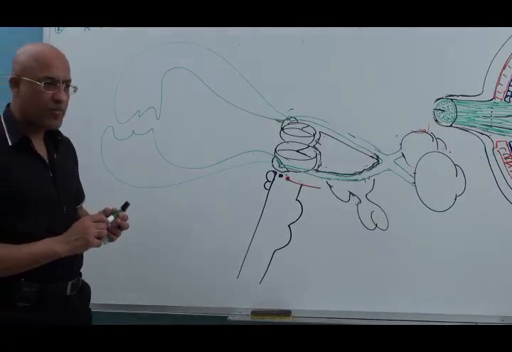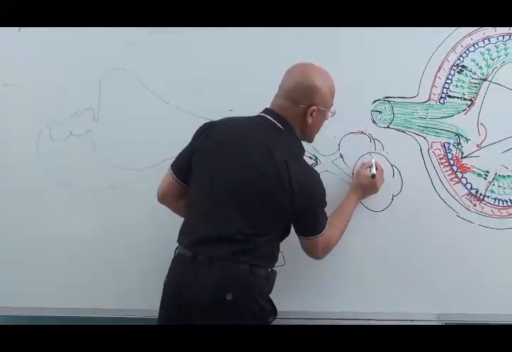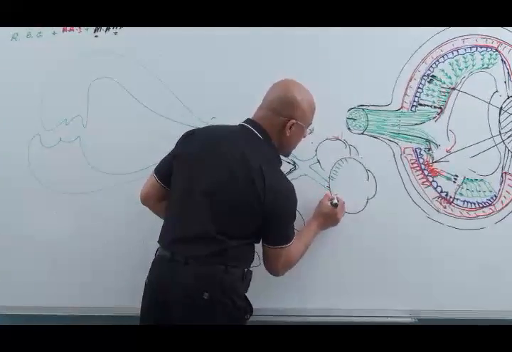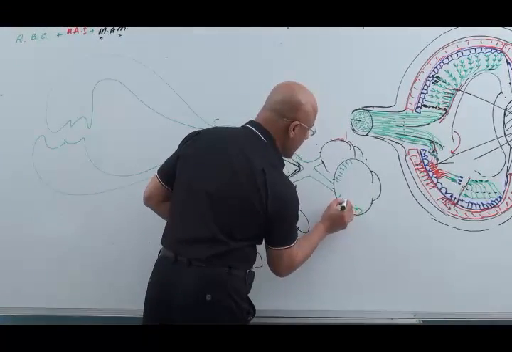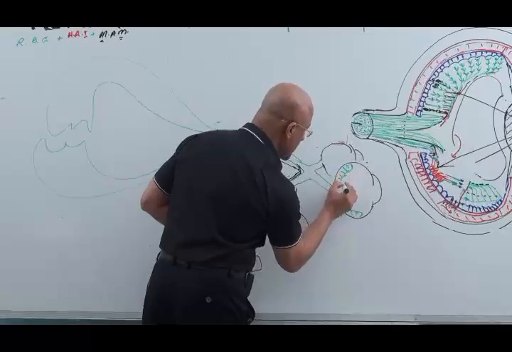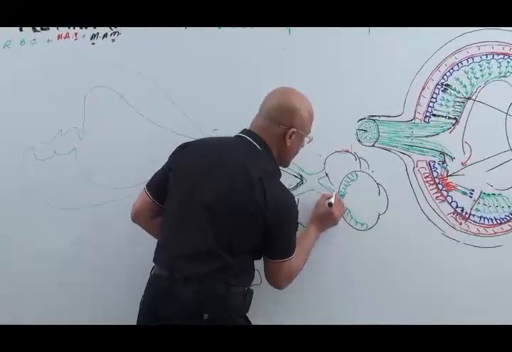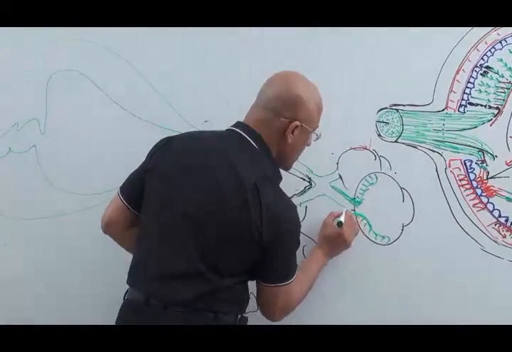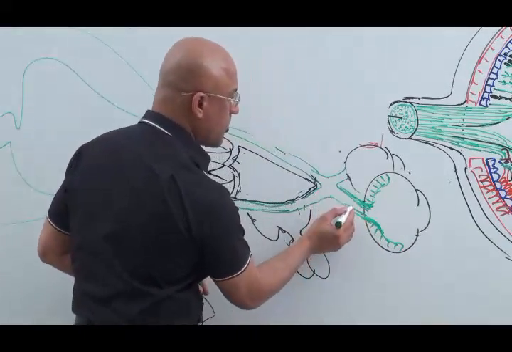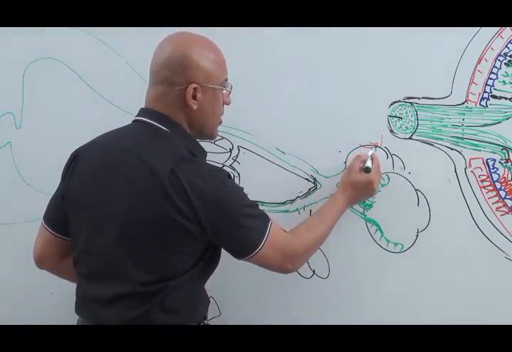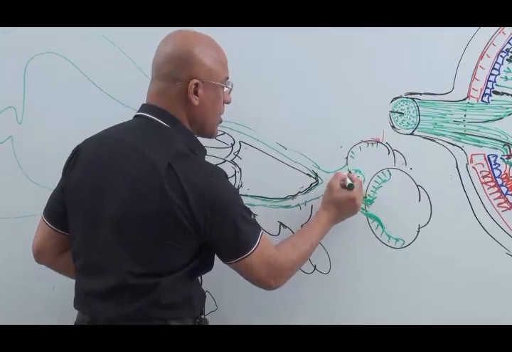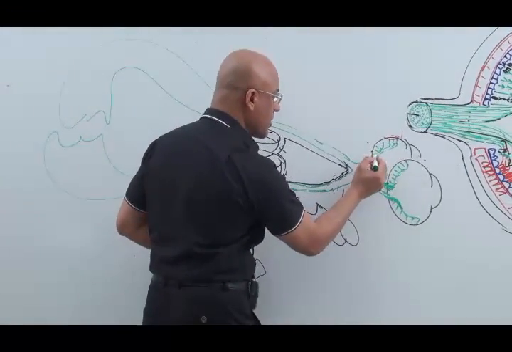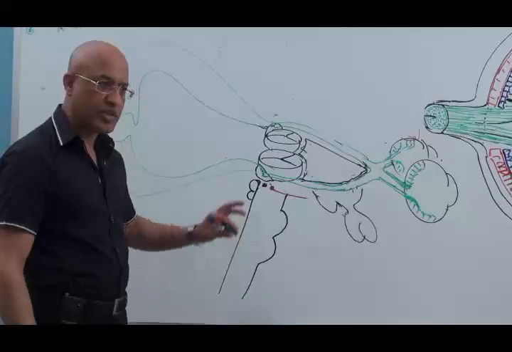This pathway is clear? Yes. And this is, let's suppose, the retina, and these are the fibers coming. Is that right? Optic nerve. Same here. Any question? It's clear to you?